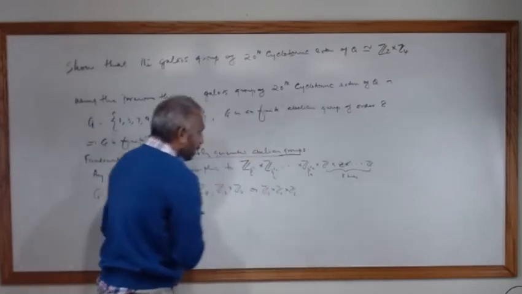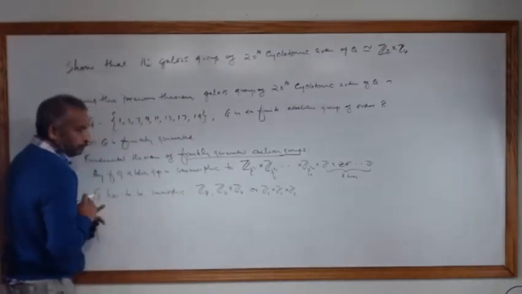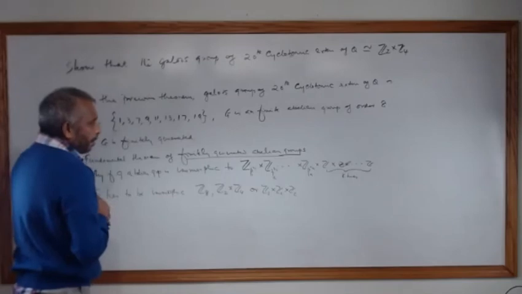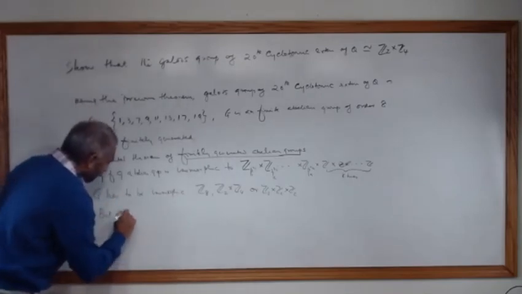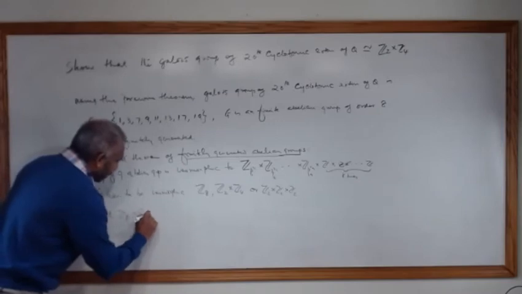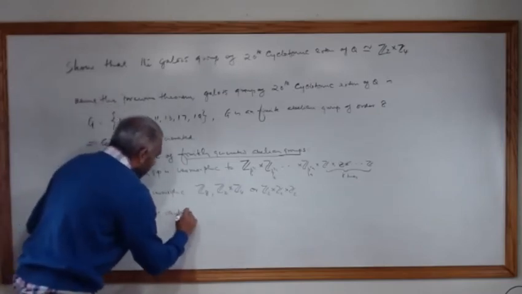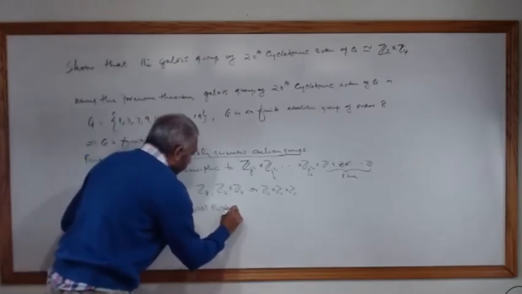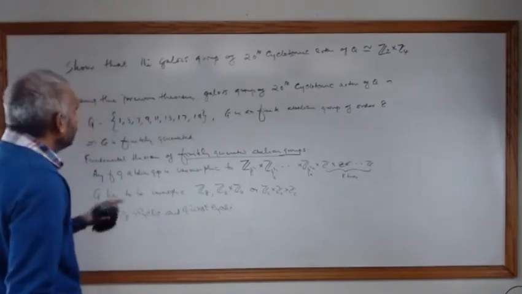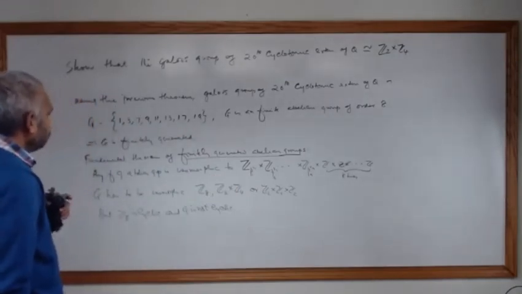These are the only 3 ways that this could be isomorphic. But Z8 is cyclic, and G is not cyclic.